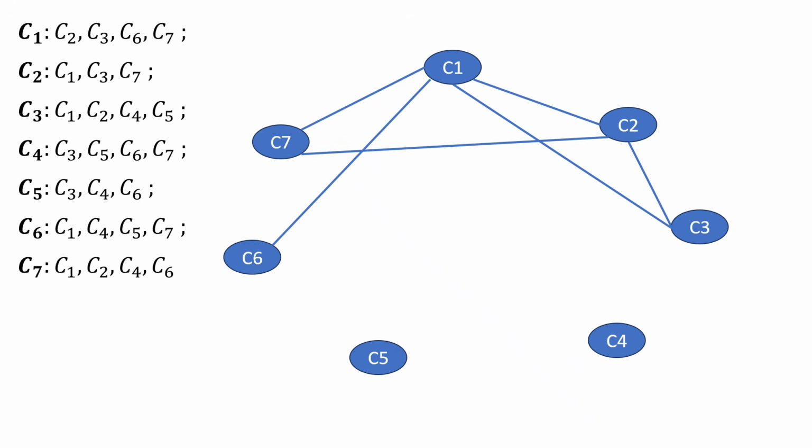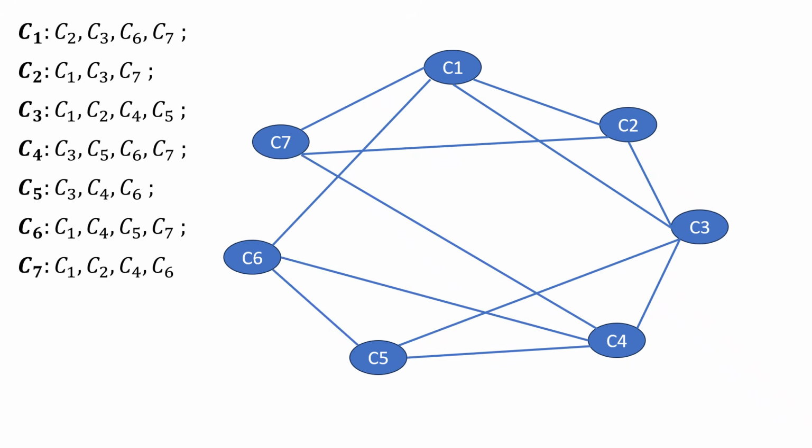C3 is connected with C1, C2, C4, C5. C4 is connected with C3, C5, C6, C7. C5 is connected with C3, C4 and C6. C6 is connected with C1, C5, C4, C7. C7 is connected with C1, C2, C4, C6. So based on this given data, we have constructed a graph.